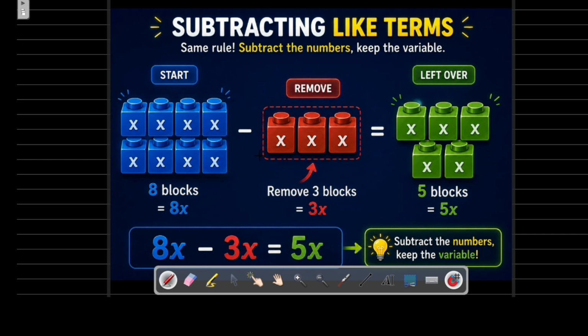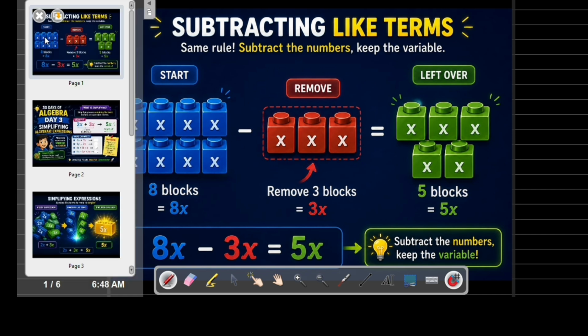You can say here are the boxes of x. 8x means 8 boxes, 3x means 3 boxes, and we are just going to subtract 3 boxes from 8, and we will get 5 boxes.